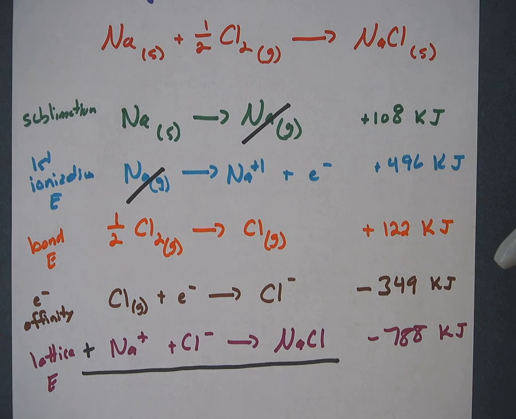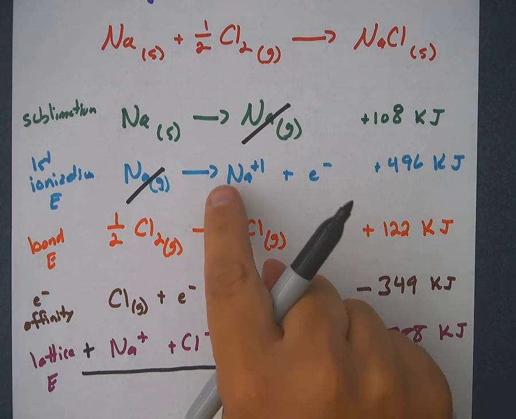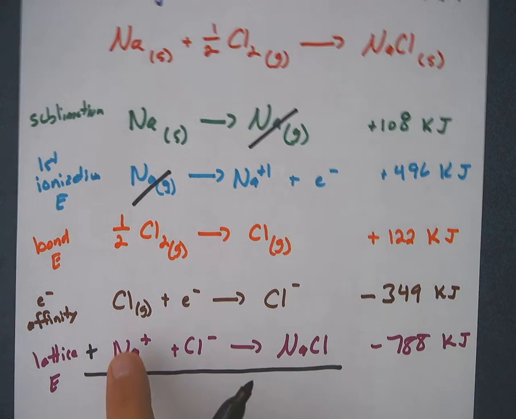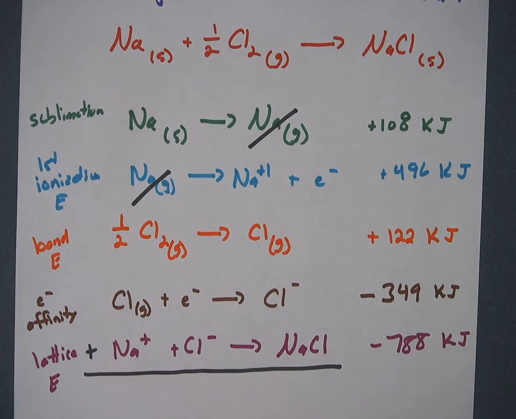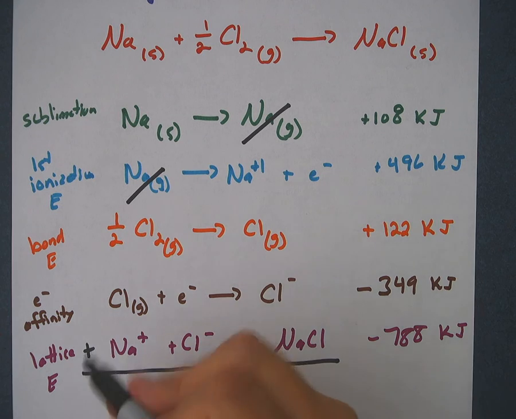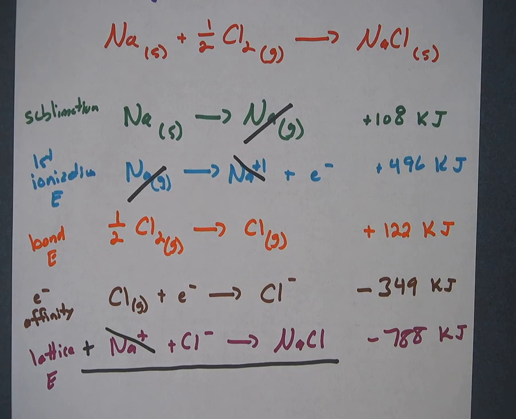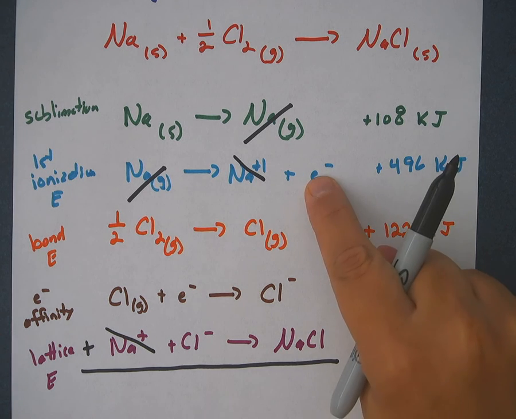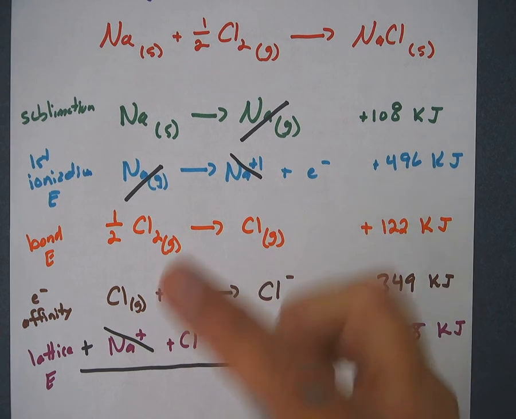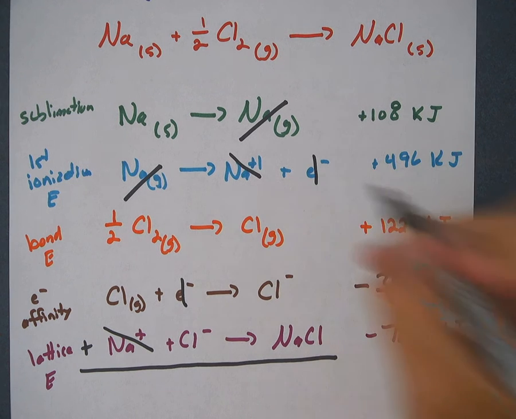I see sodium positive 1 ion and sodium positive 1 ion way over here. I want those to cancel, maybe with a backward slash. Oh, look, I see an electron as a product and an electron as a reactant, so the electrons are going to cancel also.